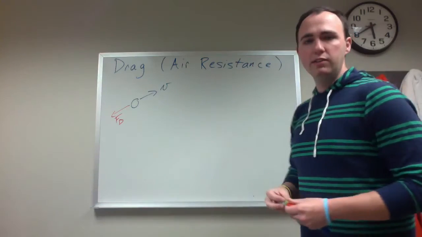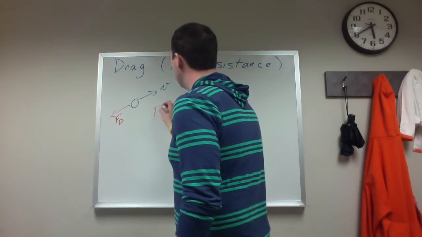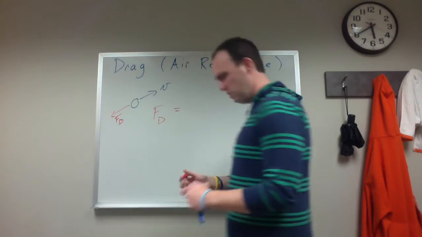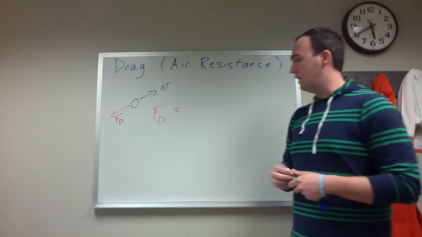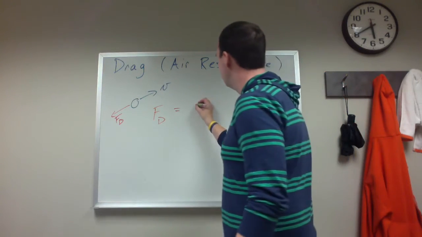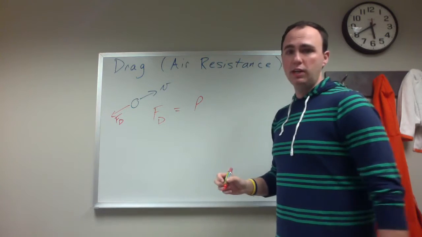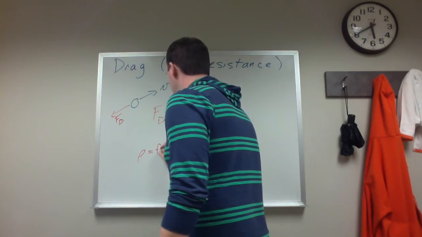So let's see if we can figure out an expression for the drag force. Well, so like I said, it's going to depend on what kind of fluid you're moving through, and as it turns out, it depends on the density of that fluid, which we call rho. So rho is the fluid density.